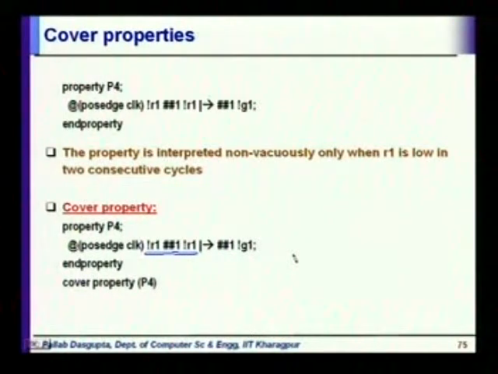non-vacuously. But you know that any implication can also be written in terms of logical operations, like A implies B can be written as not A or B. So, if you rewrite the properties without using the implication operator, it is not going to check for vacuity at all.